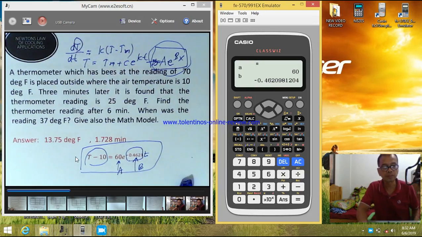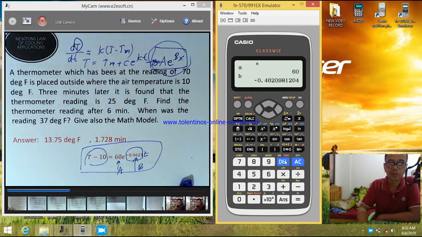Now we can solve this problem already. Find the thermometer reading after 6 minutes. All you have to do is enter 6, option, and then down, and then 4, and then enter 5. That will give you the temperature difference, so you add 10.